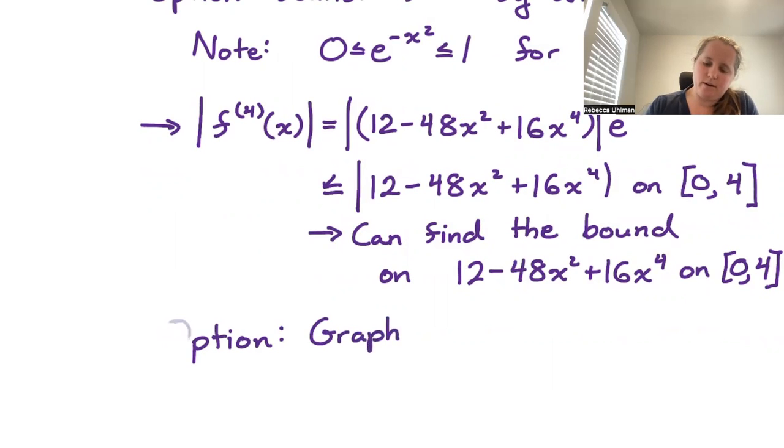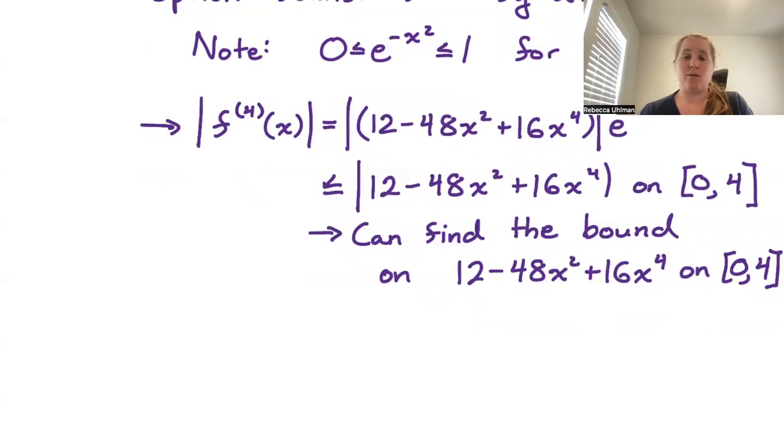Before I do that, just a quick comment. When you take the approach where you find another function to bound it, you will likely get a much larger bound than necessary.